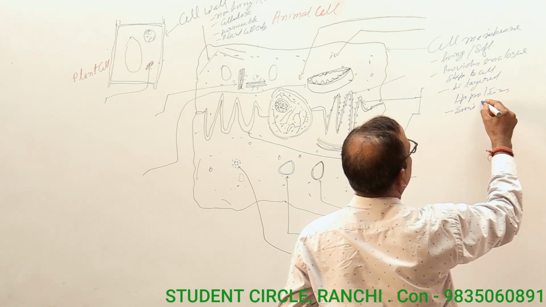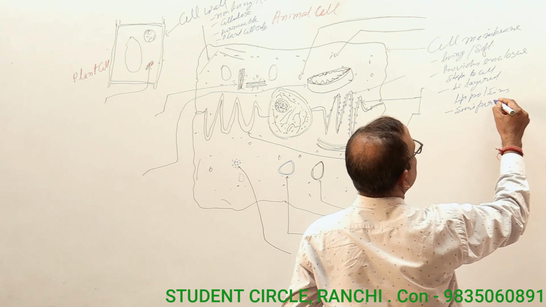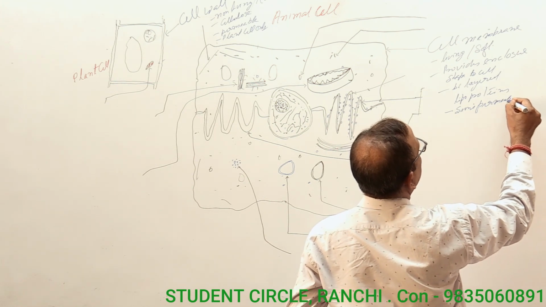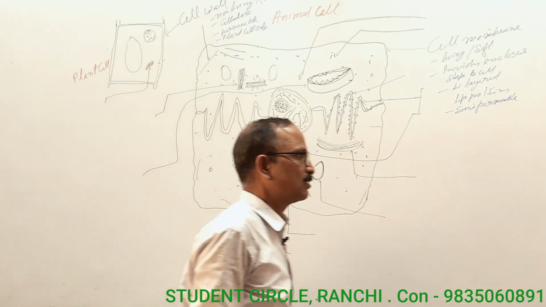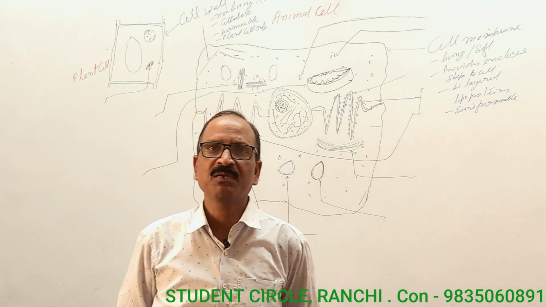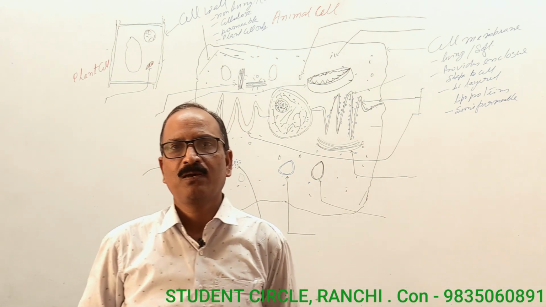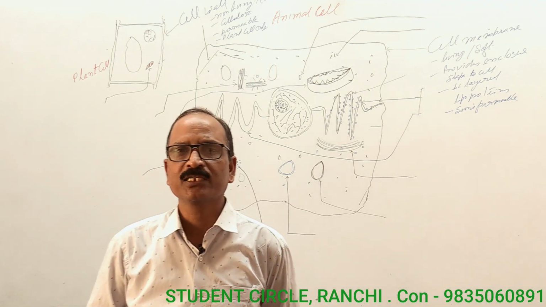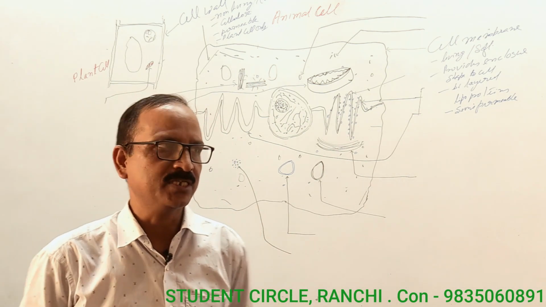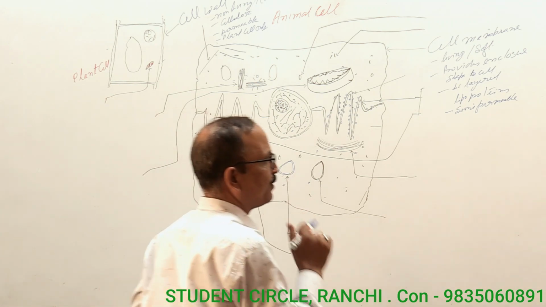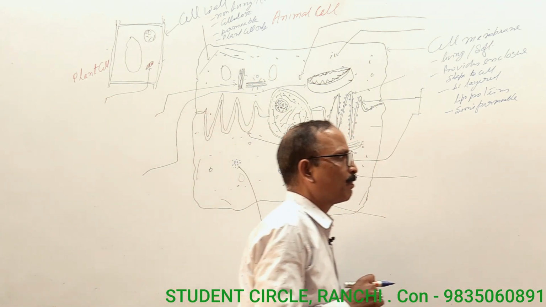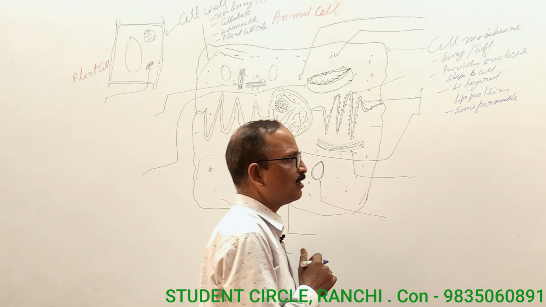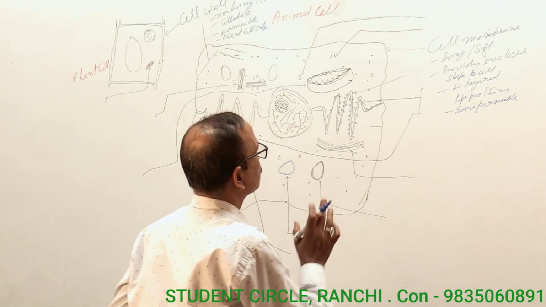It is not fully permeable. Semi means it is very specific, very selective. जिस चीज़ को अंदर जाने देना चाहेगा उसको जाने देगा, जिसको नहीं अंदर देने देना चाहेगा उसको नहीं जाने देगा. So it is selective, semi-permeable. Only permitted goods can enter the cell and go outside the cell.